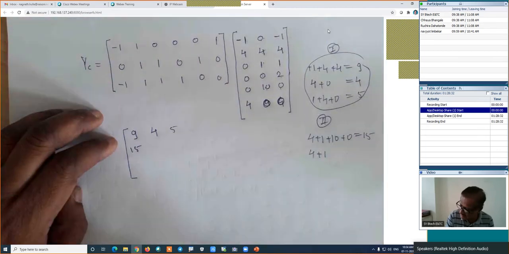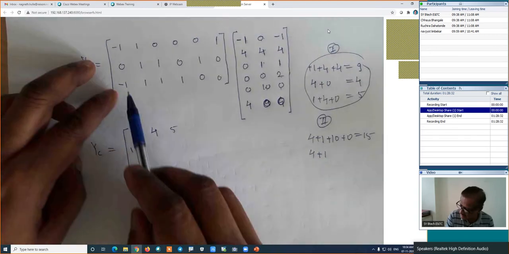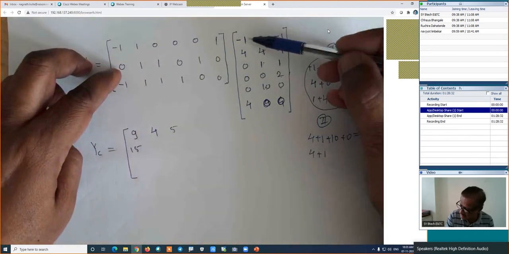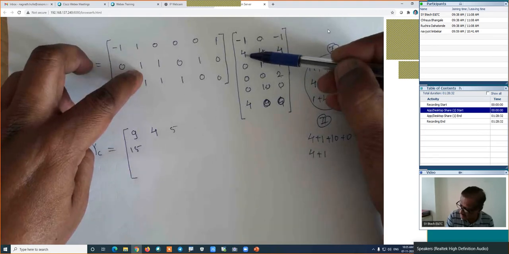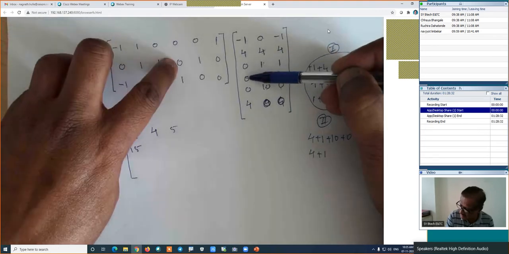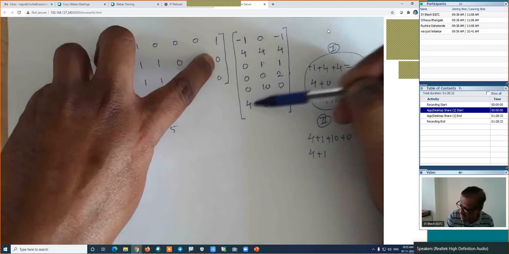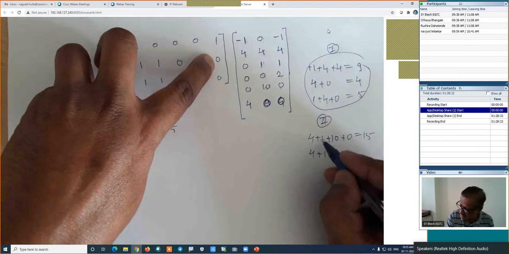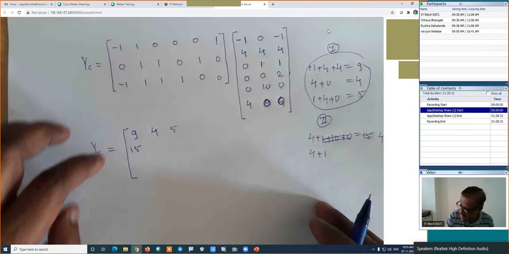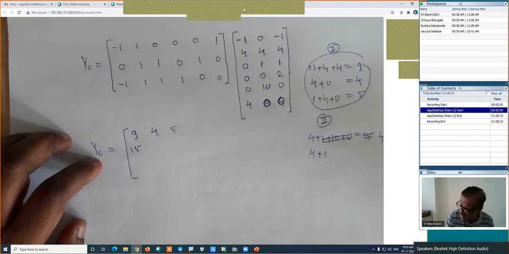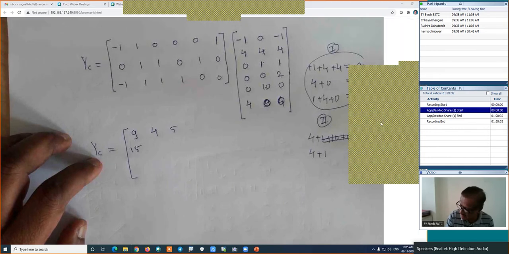How is the entry for this 15? First row and second row and first column. This is 0. This is +4. Fine. This is 0. This is 0. This is 0 and this is 0. Okay, fine. This will be the +4 only. Yes or no? I will take answers from your side.